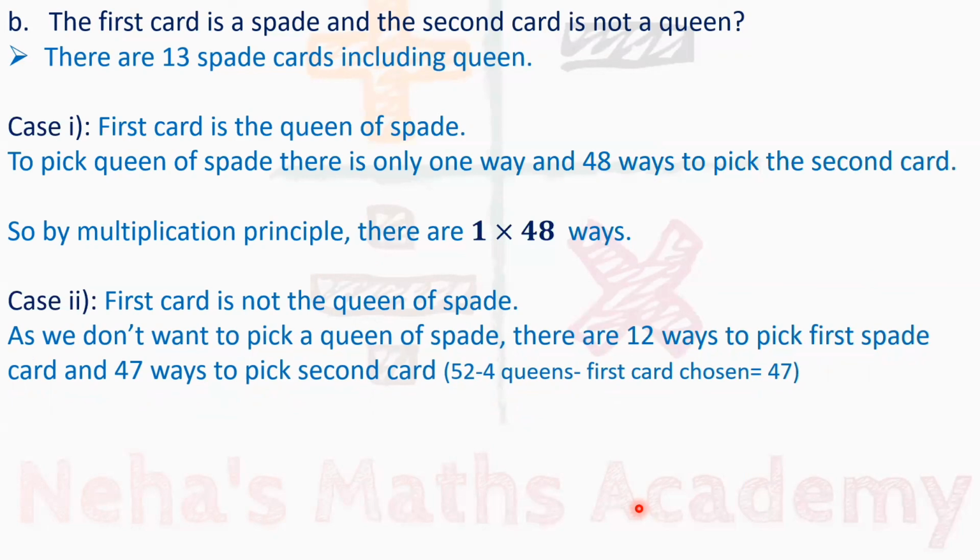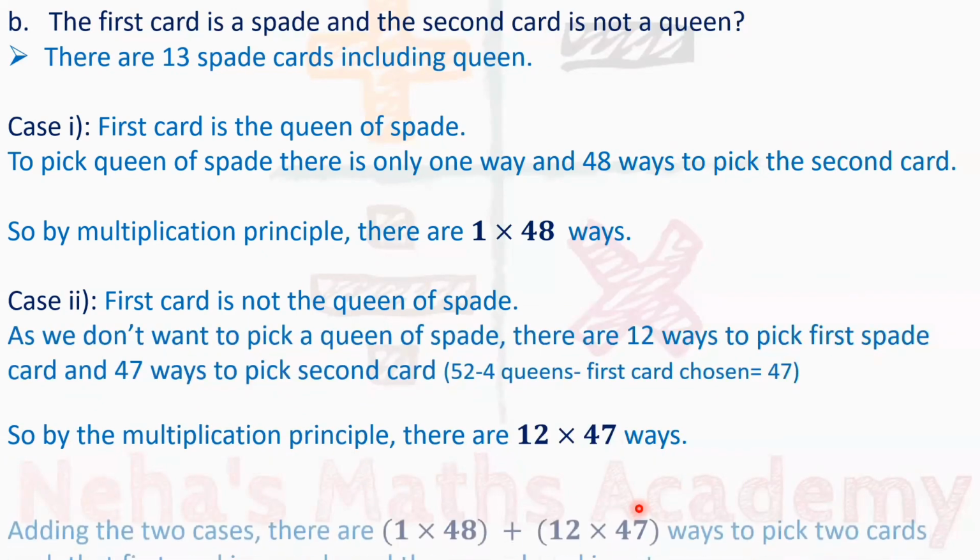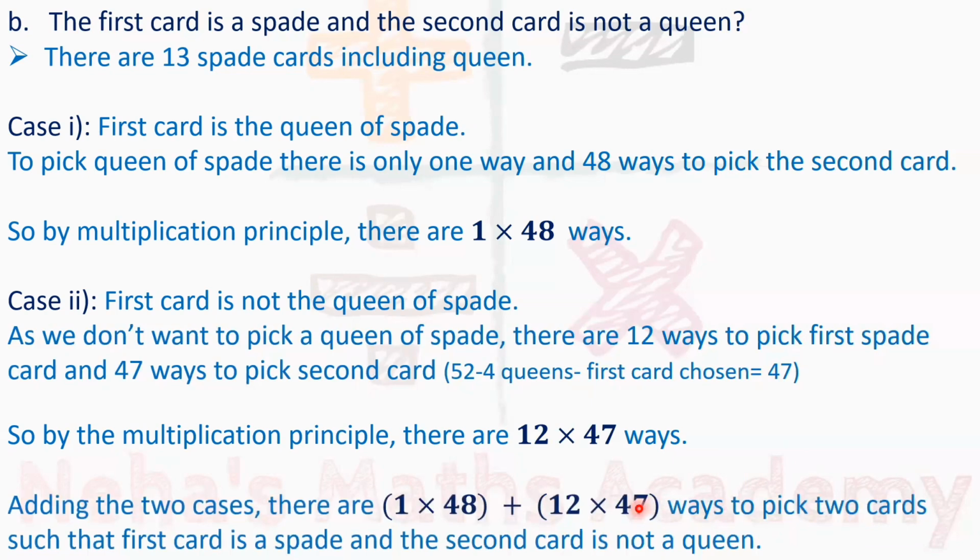So total 47 ways. So by the multiplication principle, there are 12 into 47 ways. And adding these two cases, our desired answer is 1 into 48 plus 12 into 47 ways to pick two cards such that the first card is a spade and the second card is not a queen.